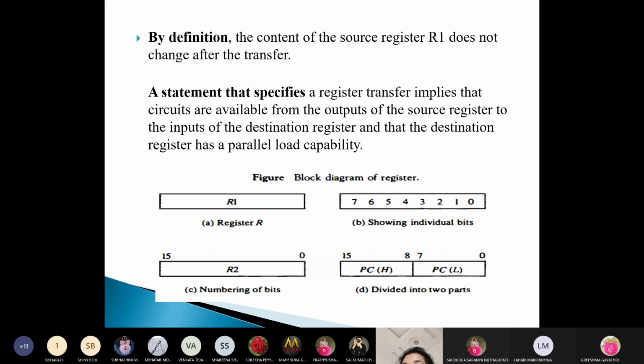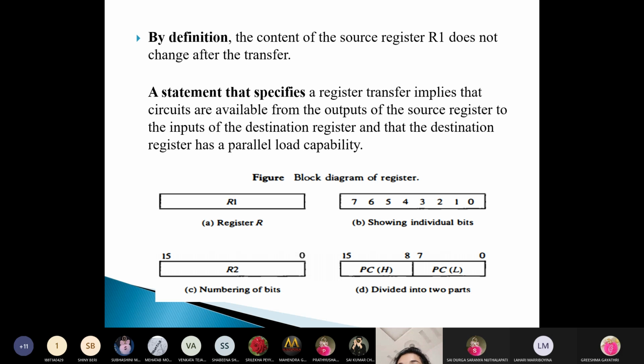B shows the individual bits. The numbering of bits in a 16-bit register is shown in figure C, and at the top of the box, figure D shows the 16-bit register partitioned into two parts, 8 bits and 8 bits.